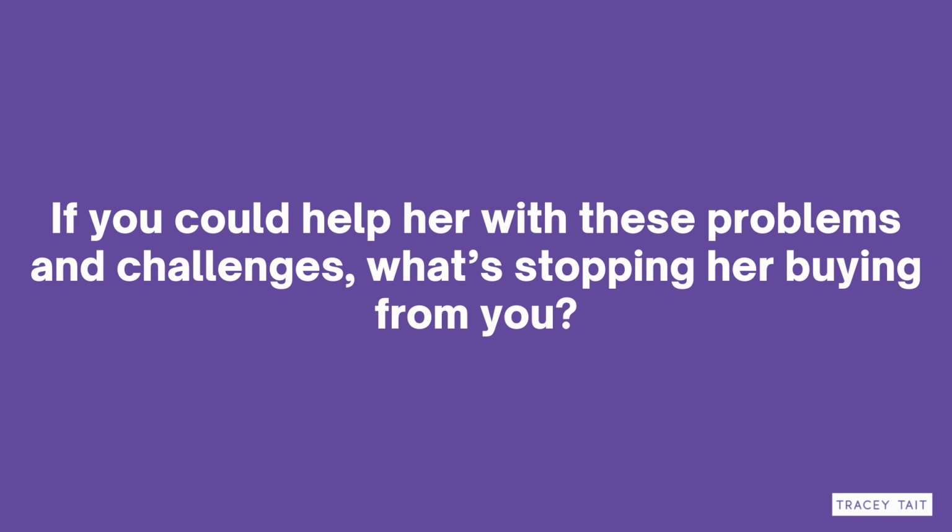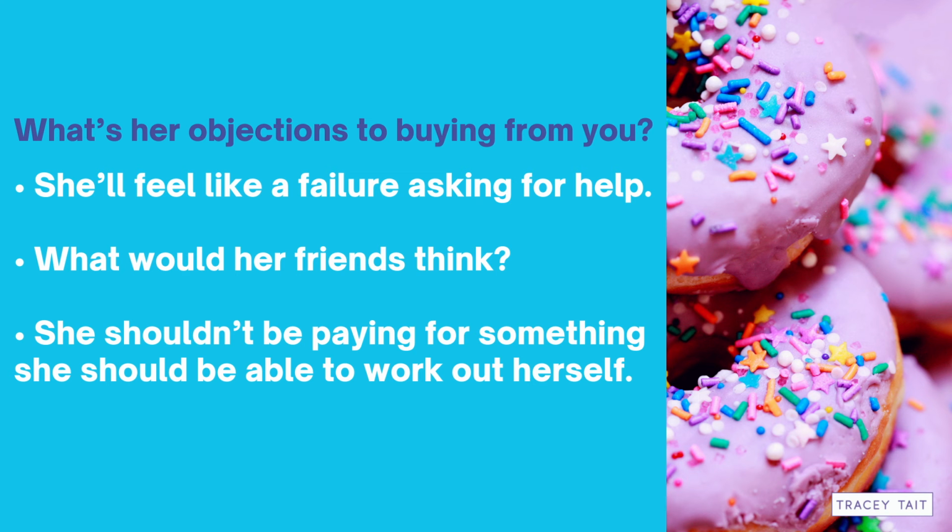Now, if you could help her with these problems and challenges, what's actually now stopping her buying or working with you? So consider what her objections to buying or working with you could be. It might be that she feels like a failure as a mum asking for help.